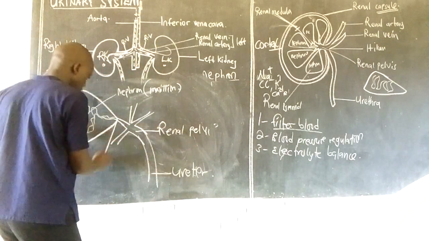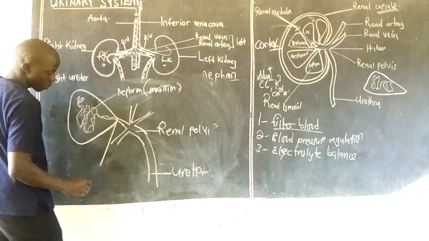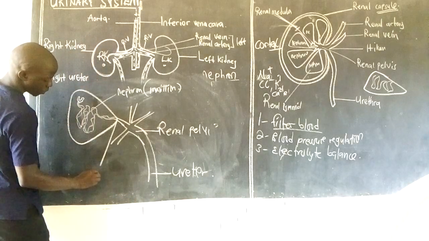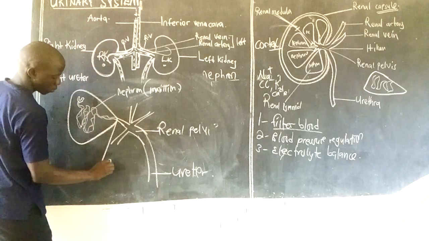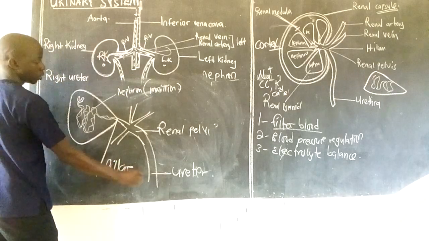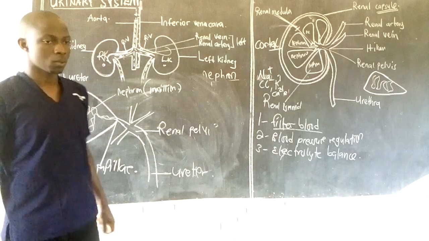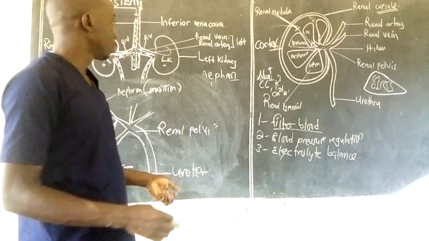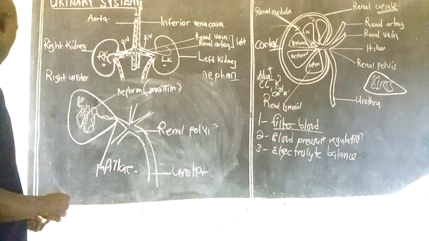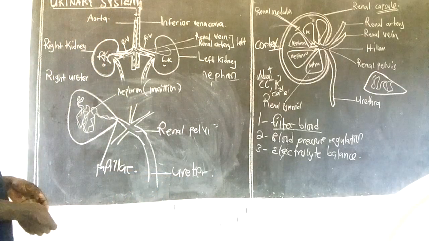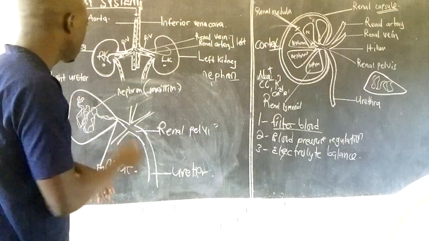This pointed tip of the renal pyramid is called the papillae. So that is about the anatomy of the kidneys.